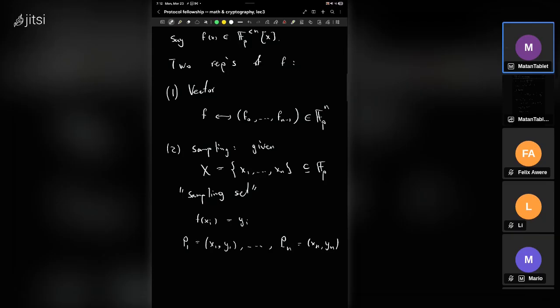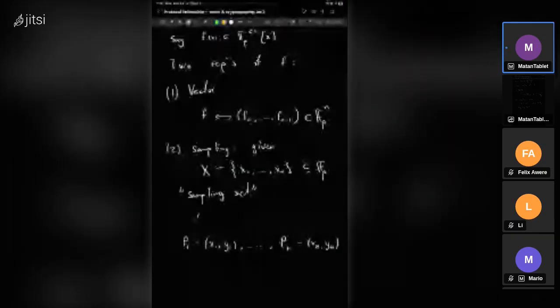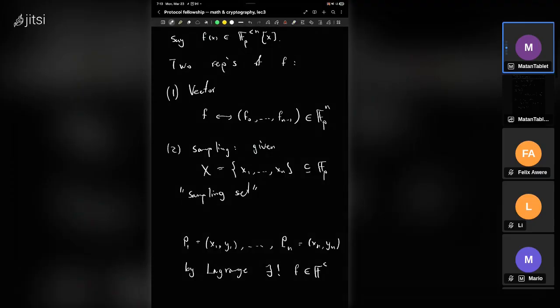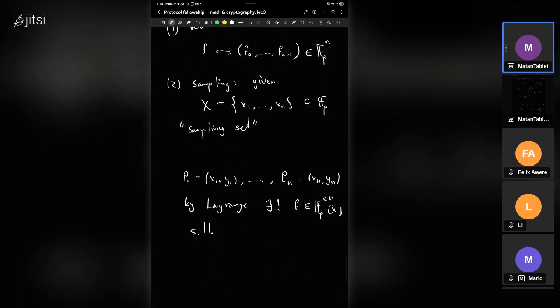But conversely, if you give me any n tuple of points, then by Lagrange interpolation, there exists a unique polynomial f of degree less than n such that f passes through these points, namely f of xi is equal to yi for every i.